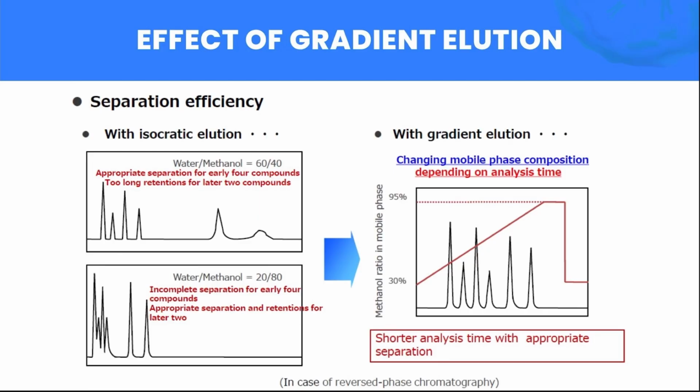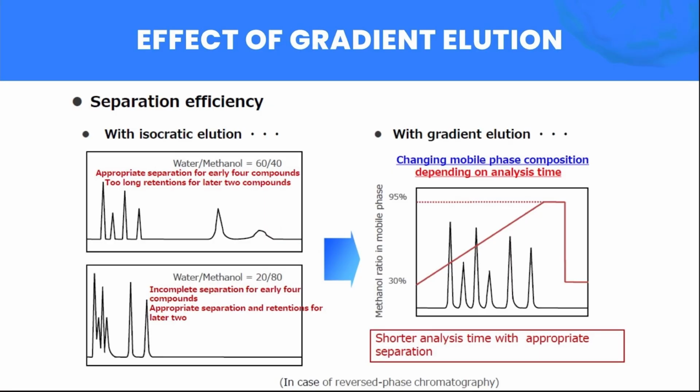This is appropriate for the early 4 compounds, whereas the 2 later compounds have very long retention times. Why? Because we are using water, a polar medium, so these peaks come very early and these peaks come very late. It means these peaks have strong interaction with water and these have less interaction with water.